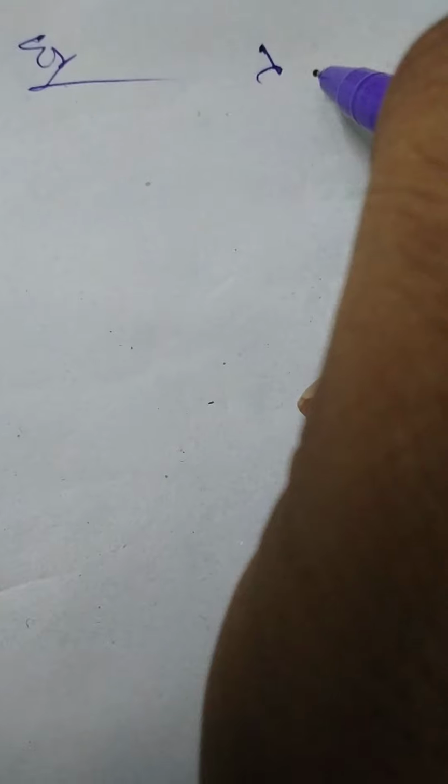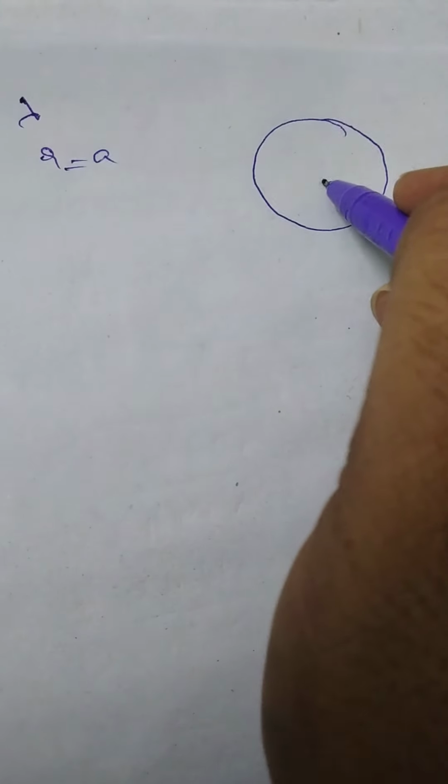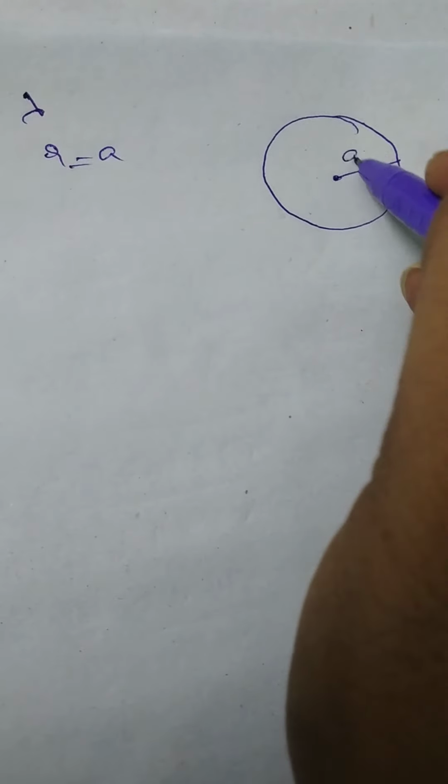Next, another example. A monochromatic light of wavelength lambda is incident on an isolated metallic sphere of radius a. This is the isolated metallic sphere. Radius of the sphere is equal to a.